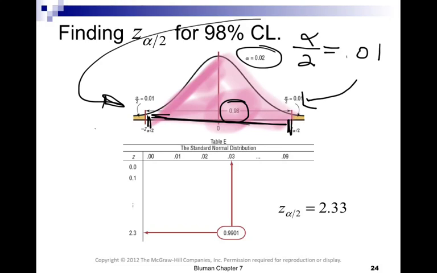Now remember, you could find the negative z-score, but we list the positive z-score. So if I say 1 minus 0.01, then 0.99 is the area under the curve.